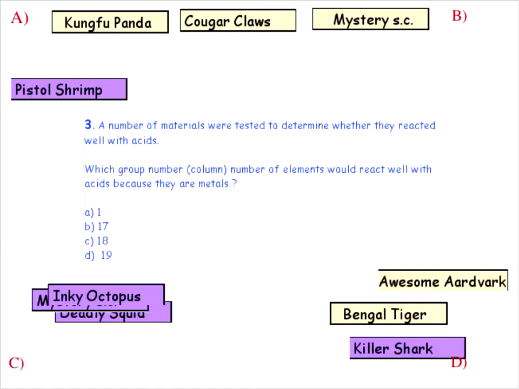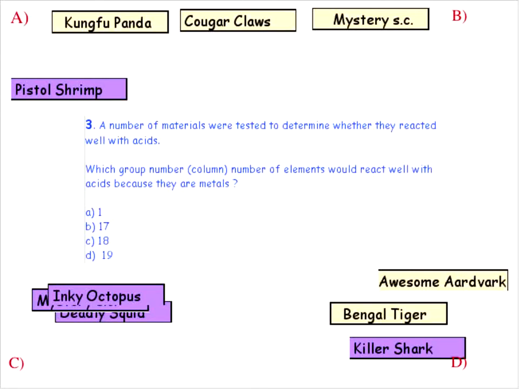Okay, well the answer is actually A. It's going to be group number 1. Because like Killer Shark was saying, it was a good guess, metals are on the left side, right? And we just said earlier on that metals react well with acids. So that's why it's got to be answer 1.